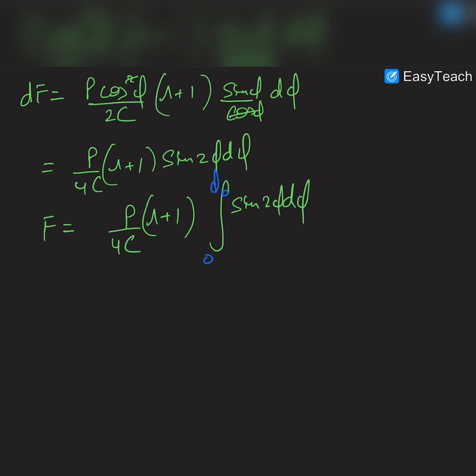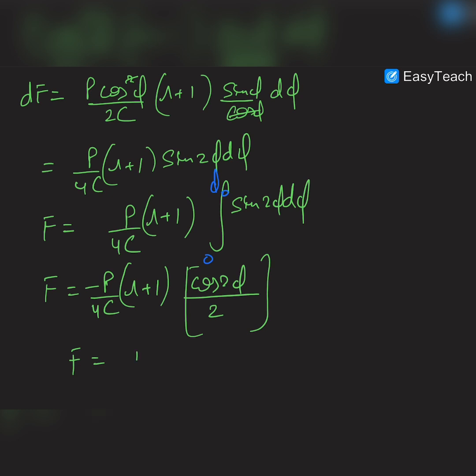Okay, so F will be P by 4c into r plus 1, and the integration of sin 2 phi is cos 2 phi by 2 with a negative sign, and F will be equal to P by 4c into r plus 1, and this is 8c.